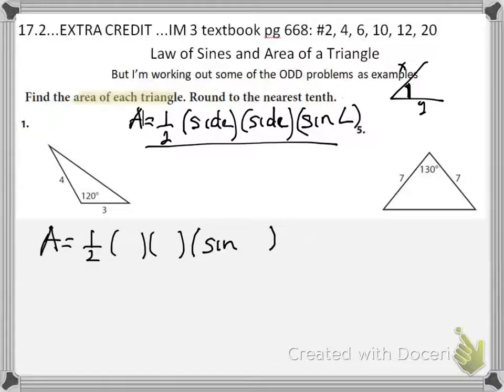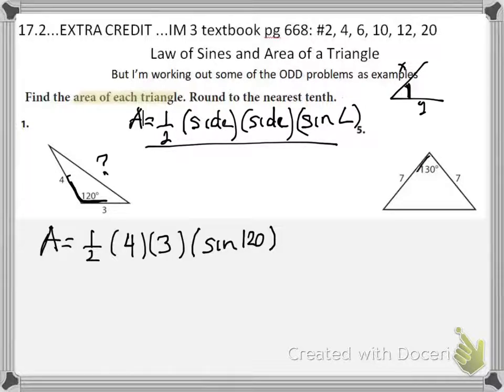Now, in these examples, they've given you a side of 4, a side of 3, and the angle where those two meet is 120. Even if they gave you this angle, this side over here, we don't care. We want two sides and the angle where they meet.